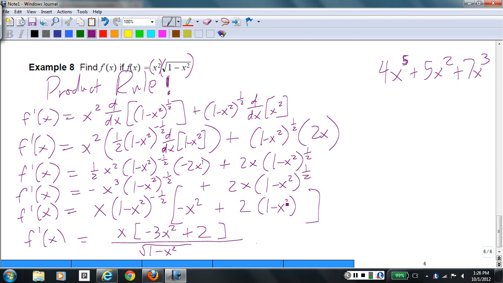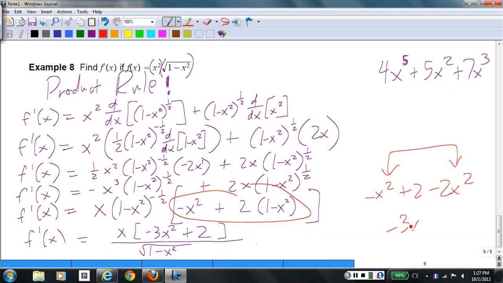What I'm doing is I'm taking this expression, because I'm short on space, I'm writing it negative x squared plus 2 minus 2x squared, and then combining those two to get negative 3x squared, and then plus 2. I was just short on space there. Yes. One step above that.